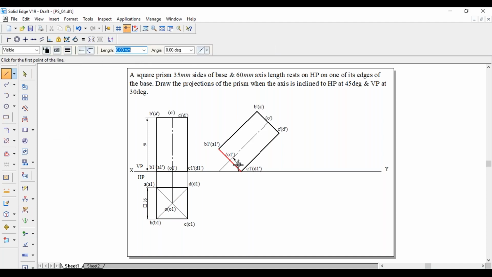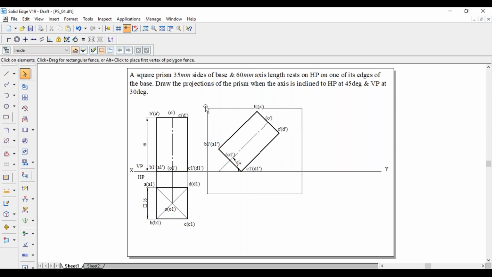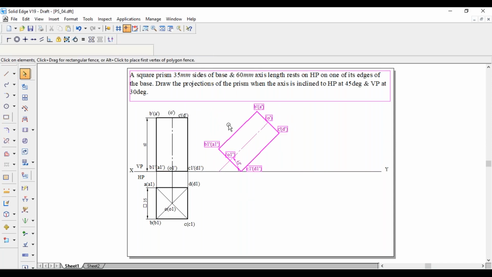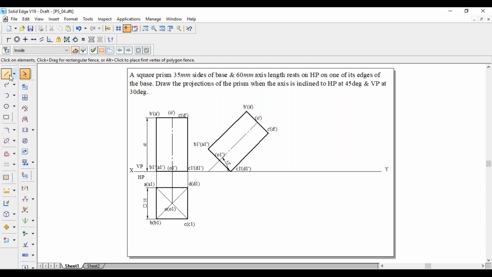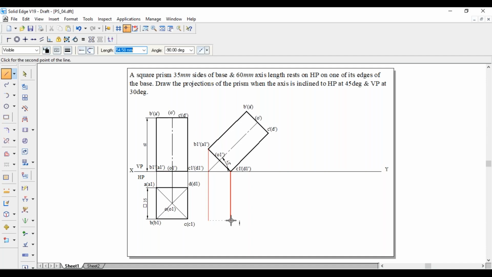Now projecting the points in the downward direction. Project horizontally.